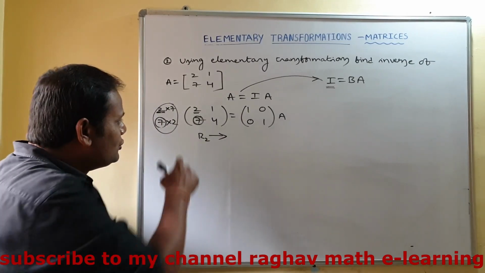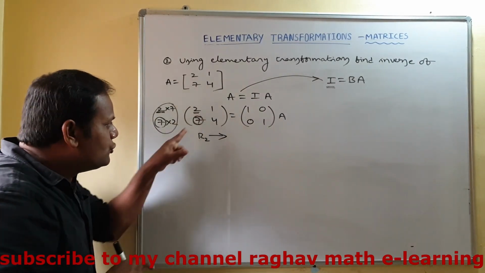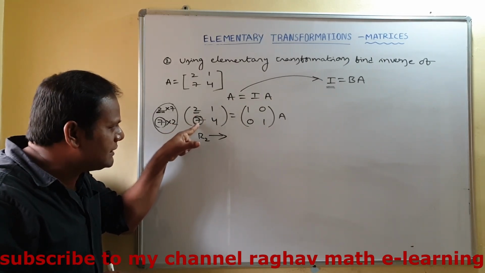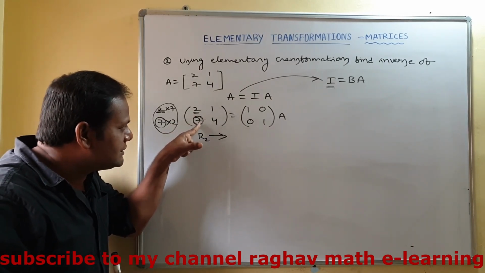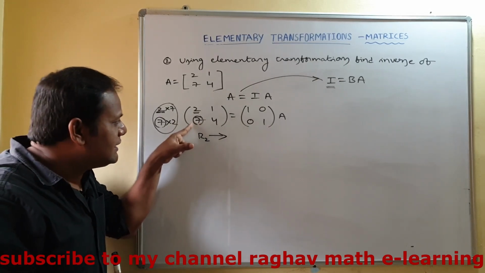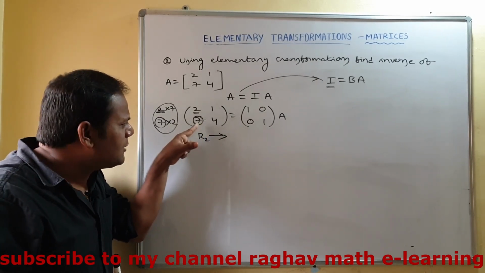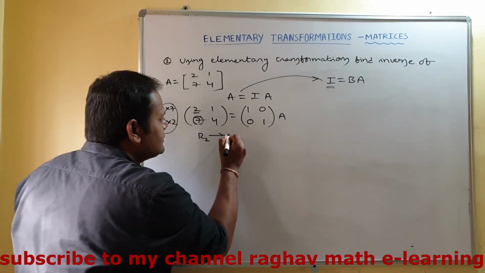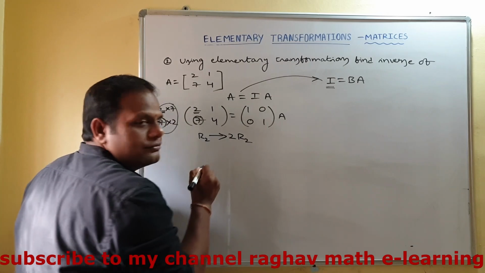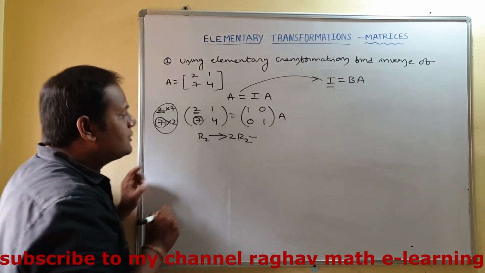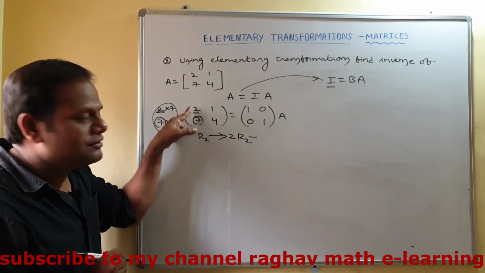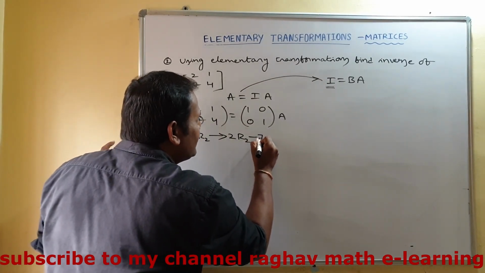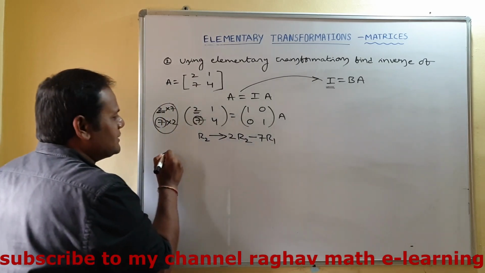To make them equal, you multiply this 7 with this number, so you multiply this with 2. We are multiplying R2 with 2. So that is 2R2 minus 7R1. That's all. Now you apply the operation.